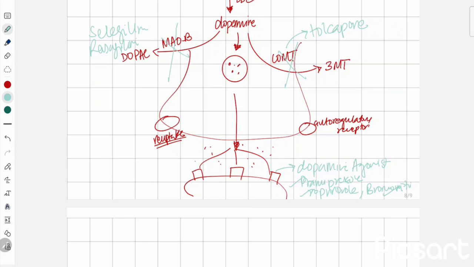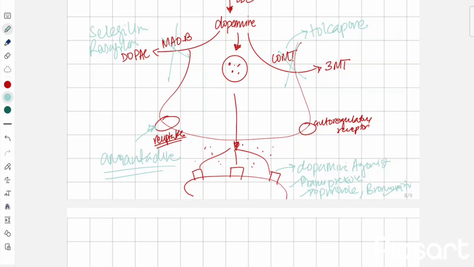Okay, and lastly, to inhibit reuptake, we have amantadine. Okay, and that is for Parkinson's drugs, and that is all. That is literally everything, and it's very simple.